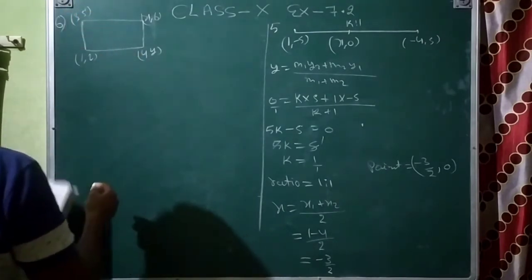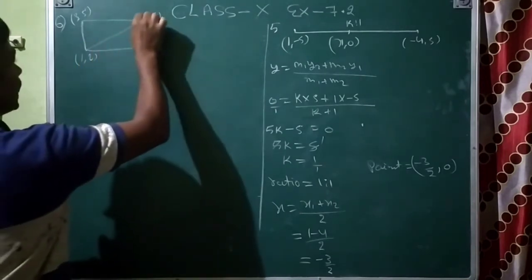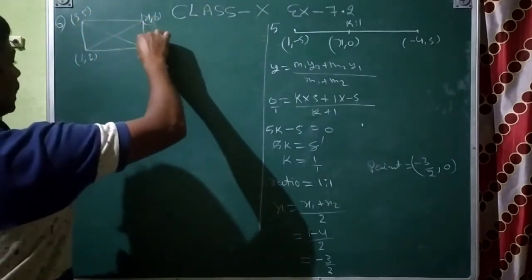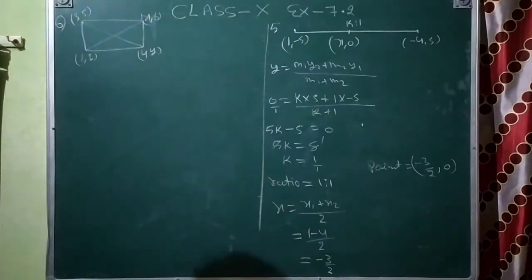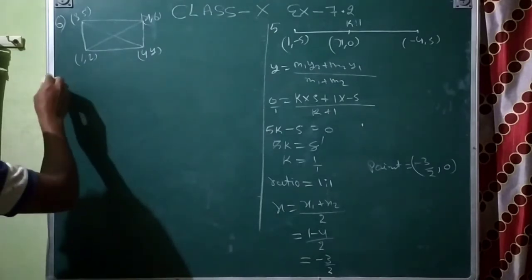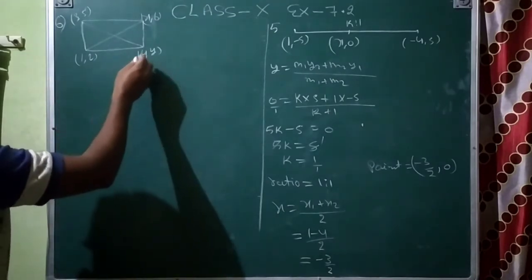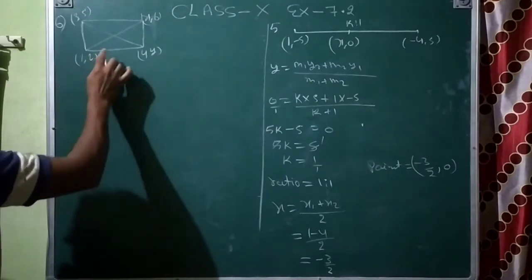We know that the diagonals of a parallelogram bisect each other. It means it will be very easy.